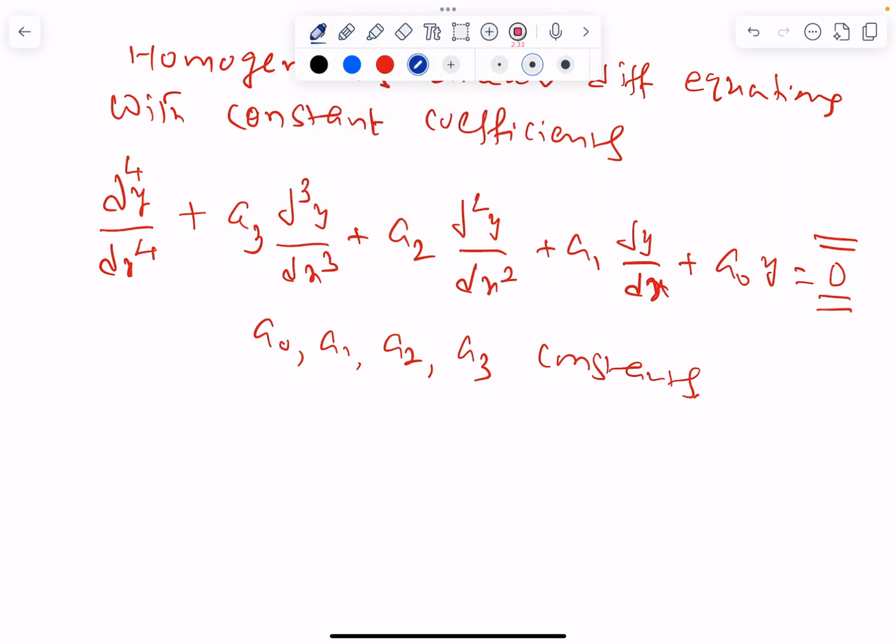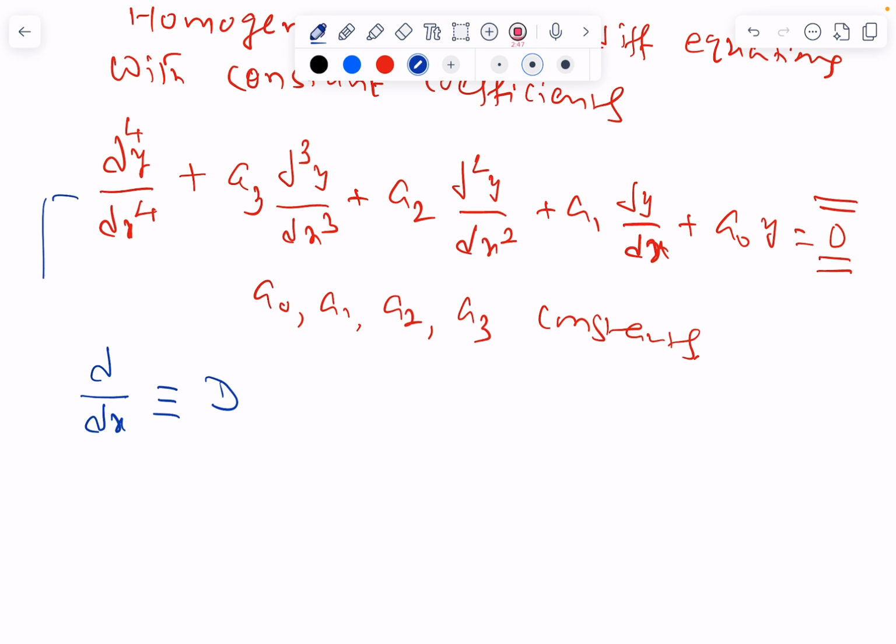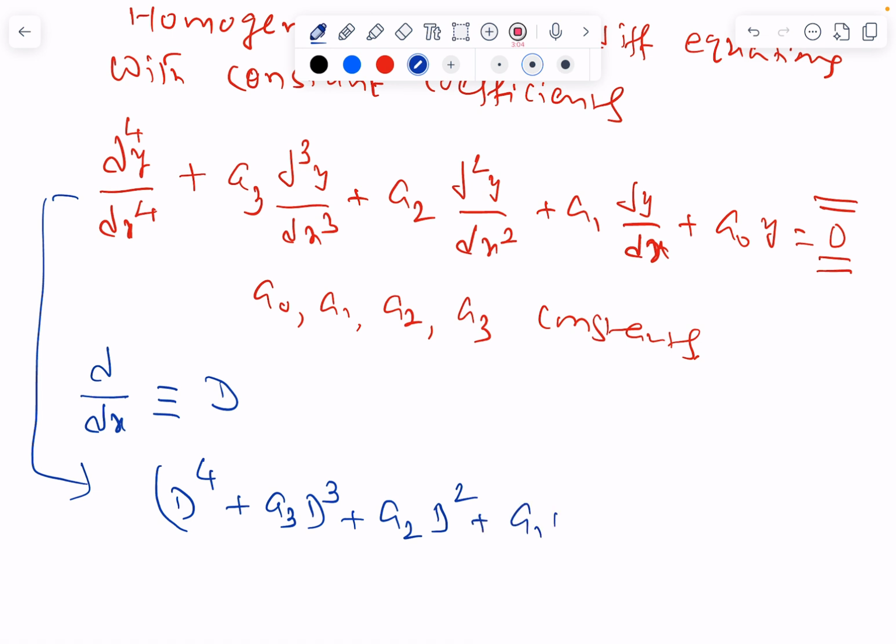We consider d by dx as an operator D. So then this becomes D4 plus a3 D cube plus a2 D square plus a1 D plus a0, applied to y, equal to 0.